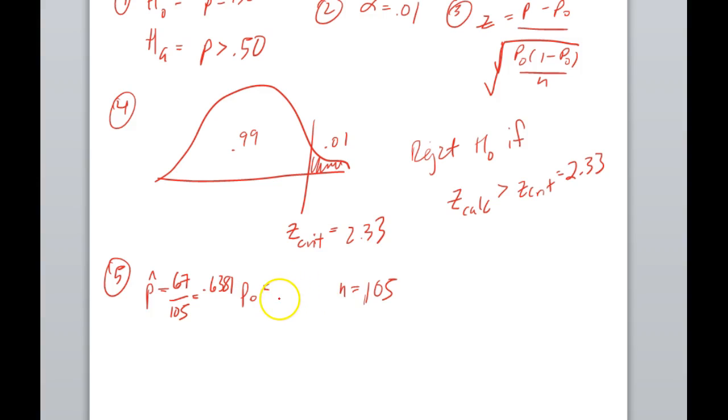That is our assumed status quo, 0.5. So we have all of our information. Now let's calculate our Z calc. Z calc is just plugging our numbers into our test statistic. We look up at number 3 to figure out what our test statistic is. We have 0.6381.